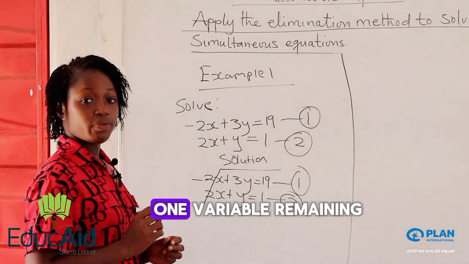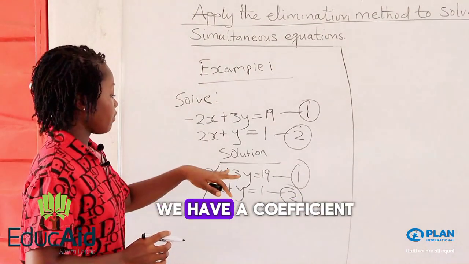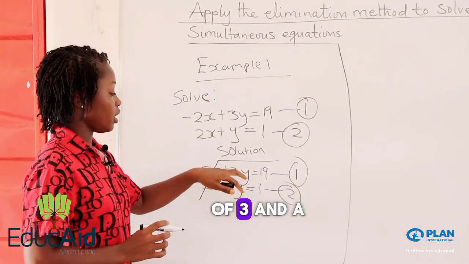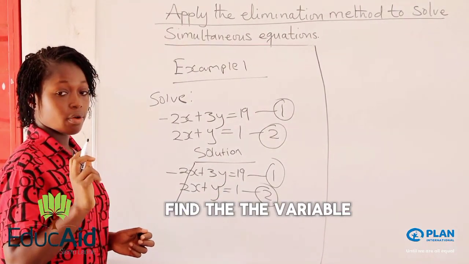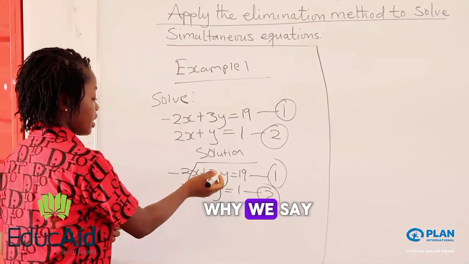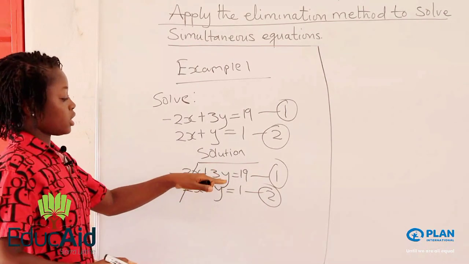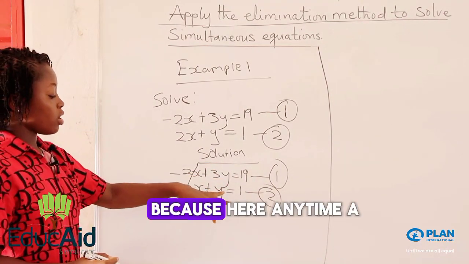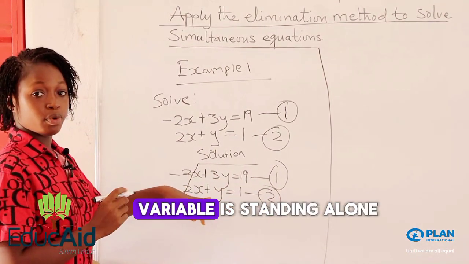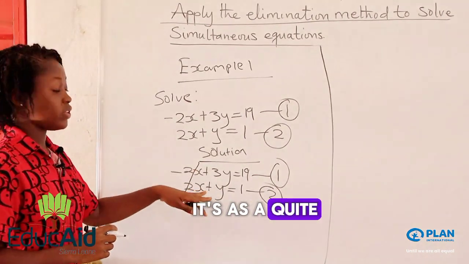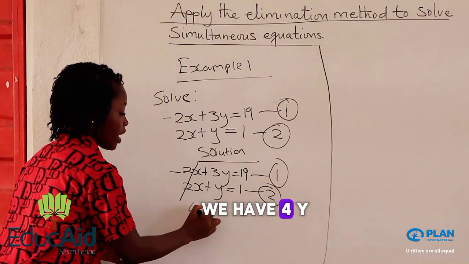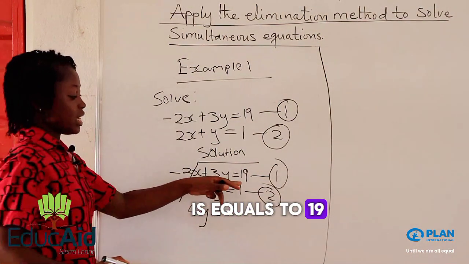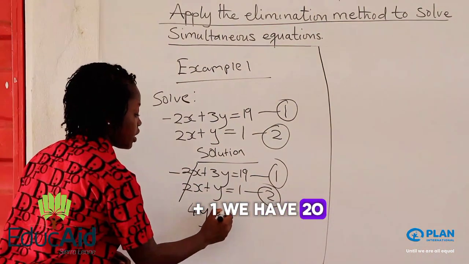Now we have only one variable remaining. We have a coefficient of 3 and a variable of y. So we are supposed to find the variable y. We say 3 plus 1, because anytime a variable is standing alone, it has a coefficient of 1. So we have 3 plus 1, we have 4y is equals to 19 plus 1, we have 20.